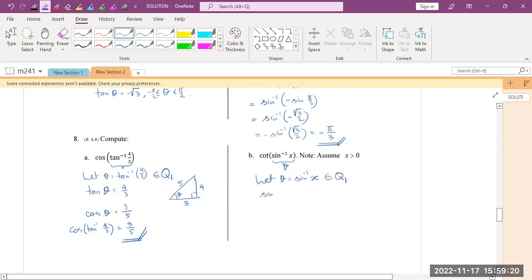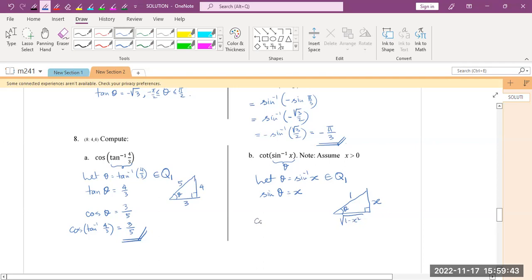Therefore, sine theta equals x, from which we can draw the right triangle. If this is theta, the sine is x over 1, opposite over hypotenuse. Now, the adjacent, by the Pythagorean theorem, is the square root of 1 minus x squared.